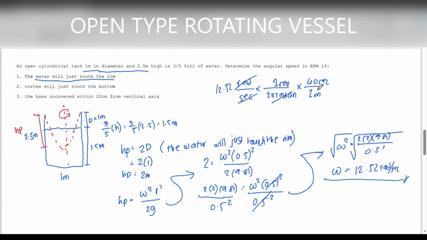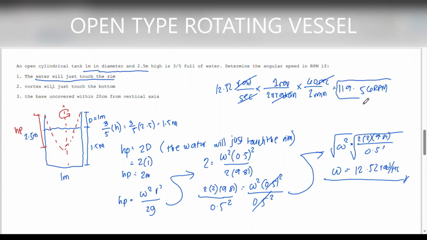We'll be left with the unit of revolution per minute, or RPM. So this will be equal to 119.56 RPM, or revolution per minute.